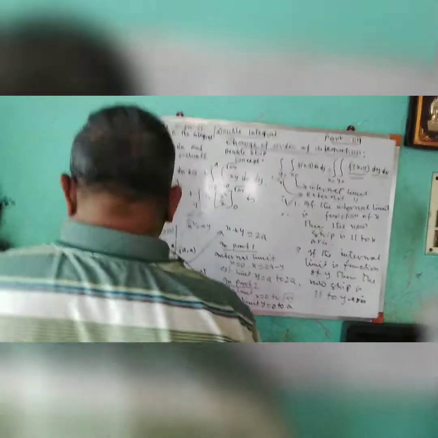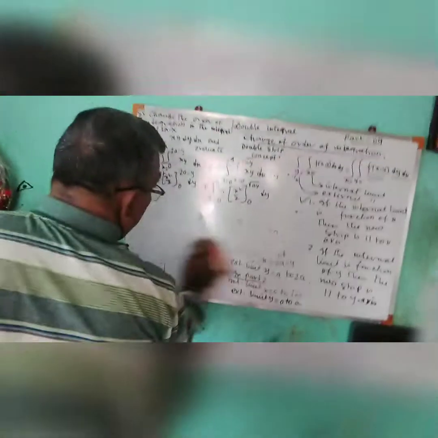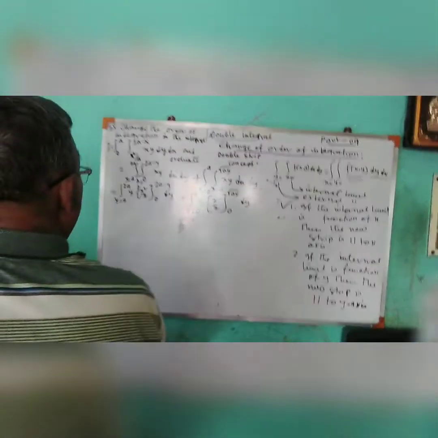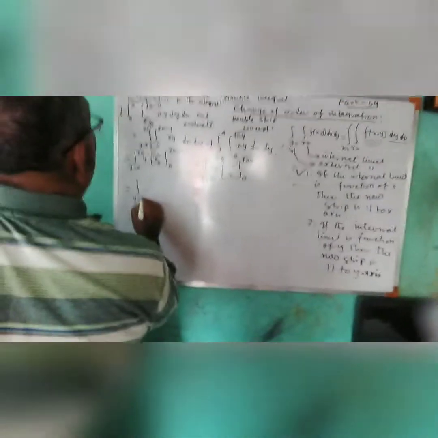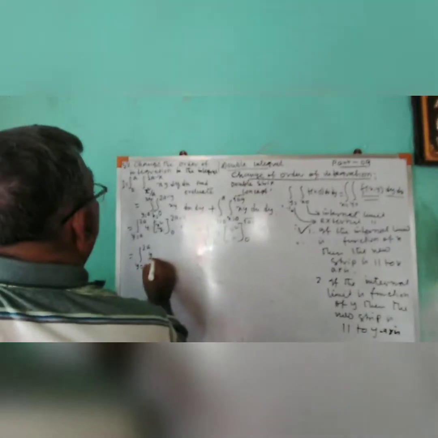Now I am removing this portion. So what will be the integrated value? Y equal to a to 2a, upper limit minus lower limit. This is y by 2.